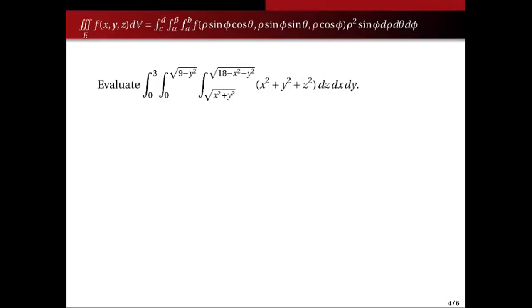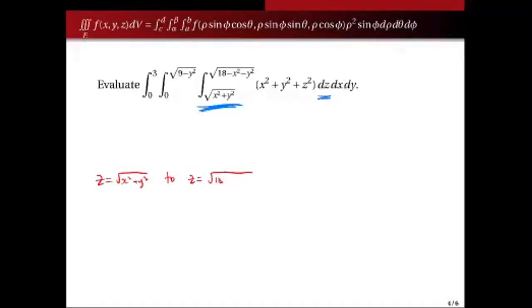First, let us analyze. For the innermost integral, that's for the variable z. So you will have z equals square root of x squared plus y squared to z equals square root of 18 minus x squared minus y squared.